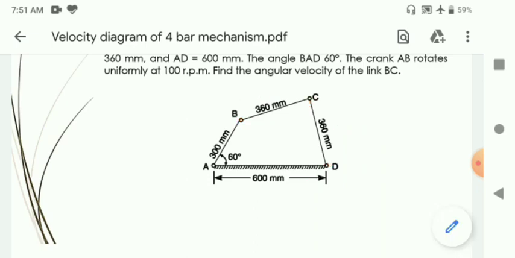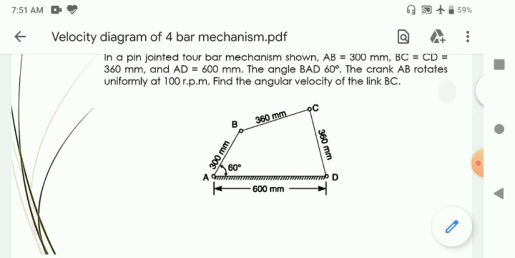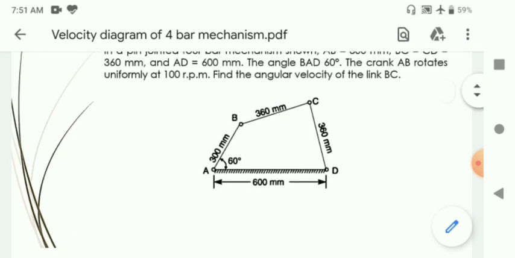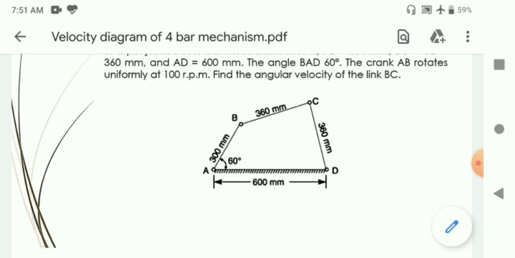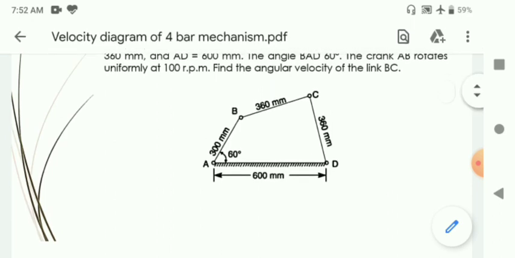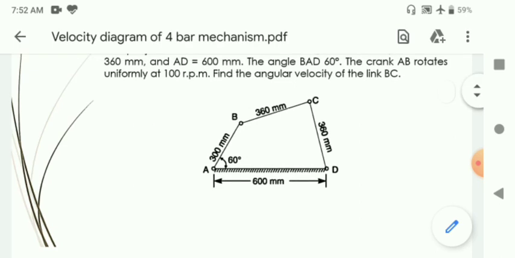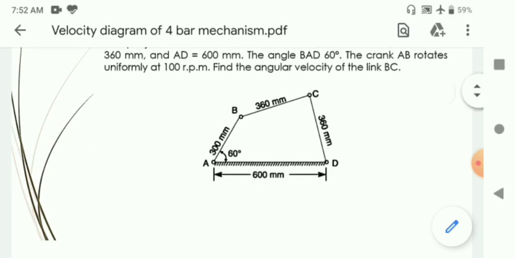So like in the previous question, to start with, first we will be drawing the space diagram of the mechanism. Again, I am going to remind you that when you draw the space diagram, you have to use the exact dimensions. If you are not able to accommodate the whole mechanism on a paper, then you can scale it down.